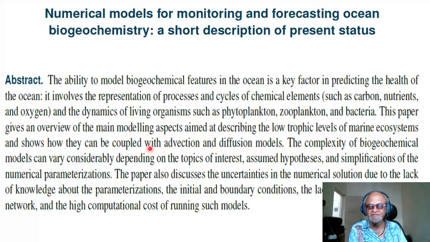So lots of details in how they are forced, what exactly they are trying to do, whether they are just trying to produce primary production and carbon export and so on, or whether they are trying to actually feed into fisheries models and so on.